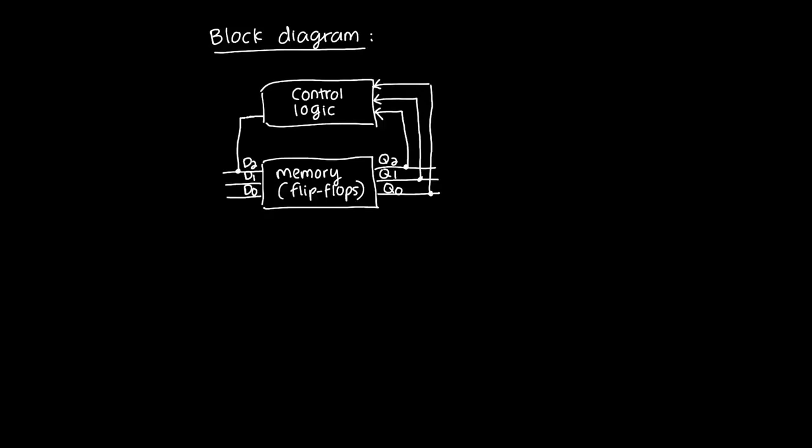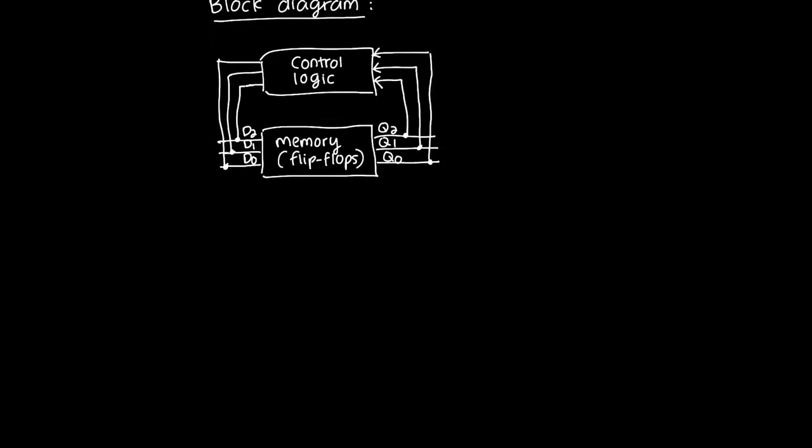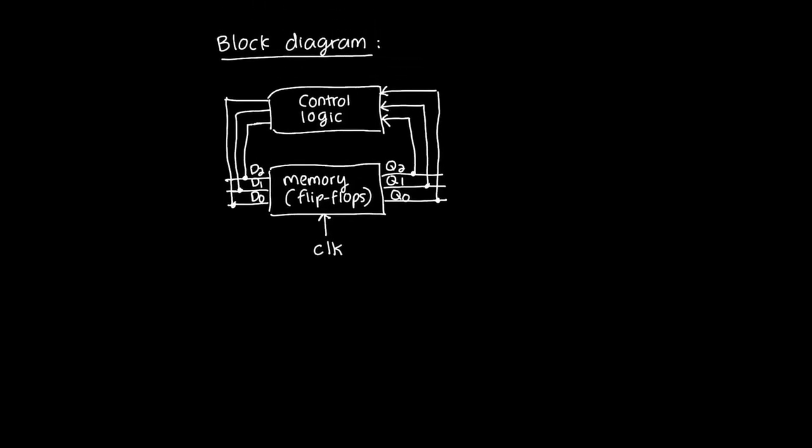And out of this control logic comes D2, D1, and D0, like so. One important thing I should add here: the memory does have one other input that is not an input to the control logic, and that is simply the clock. So the clock is an input to memory.